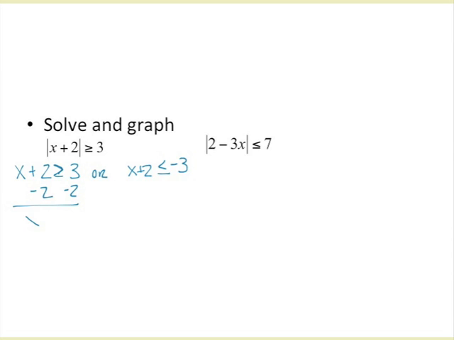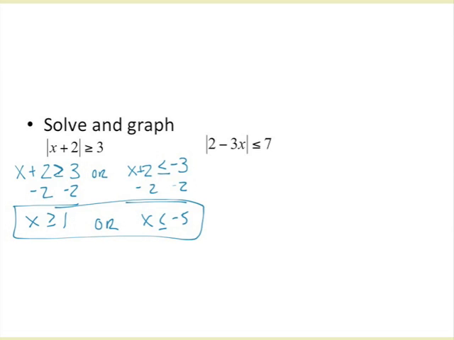Solve them individually, subtracting 2 in the first one and subtracting 2 in the second one. Both parts are your solution and should be graphed on the number line.